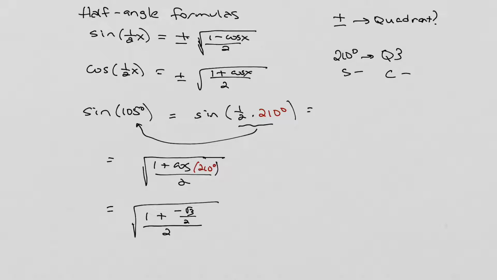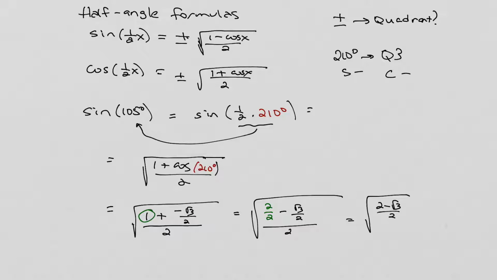But in the numerator, I could write this 1 right here as 2 over 2, and then that'll be minus square root of 3 over 2, all over 2. So then I get 2 minus the square root of 3 over 2 up top, and then that's still over 2. And if we simplify this, that's 2 minus the square root of 3 over 4.